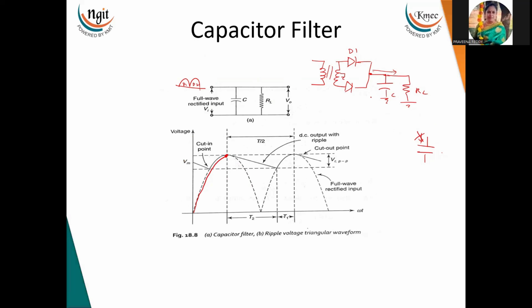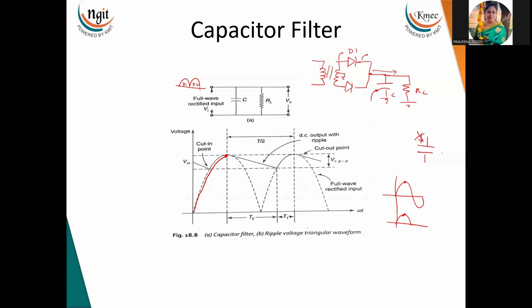When the capacitor is connected and charging up to the maximum, the diode at the input also conducts. If you see, this is the input signal and this is the output signal. When the input reaches Vmax, the output also reaches Vmax, and the capacitor is charged up to Vmax.